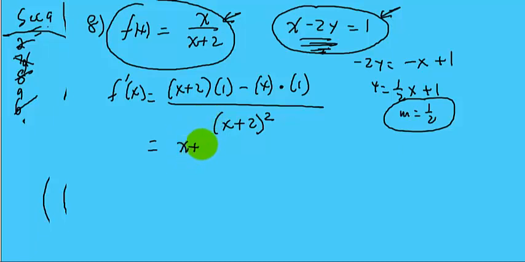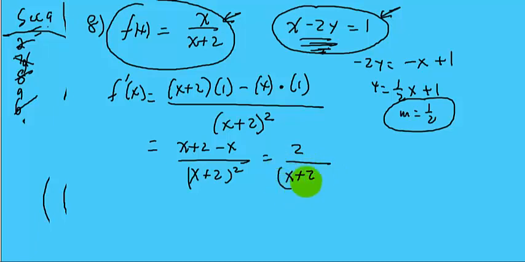This would be x plus 2 minus x, all over x plus 2 quantity squared, and that simplifies to 2 over x plus 2 quantity squared. This is the slope of this curve. If they're parallel, what do you know this slope and this slope have to be? The same. So we're going to set them equal to each other.